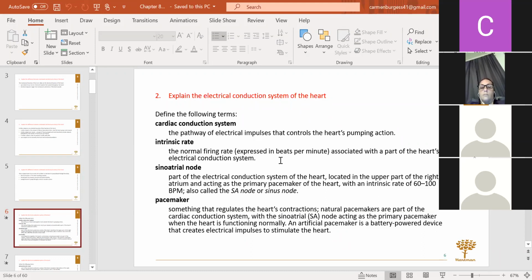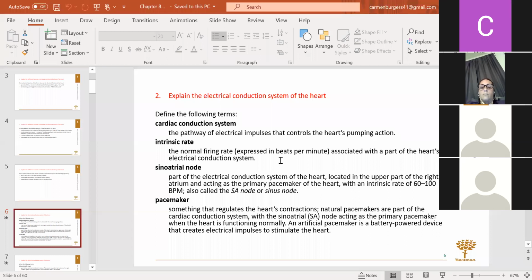Okay. Your intrinsic rate. When we say intrinsic rate, each part of that system in your heart has an intrinsic rate. What do we mean by intrinsic rate? It is exactly that. It is what the heart is supposed to beat at, the rate it's supposed to beat at at that point in the system. So if you think about your heart, and the lightning bolt through the heart or the house, it starts up here at the right atrium, right?